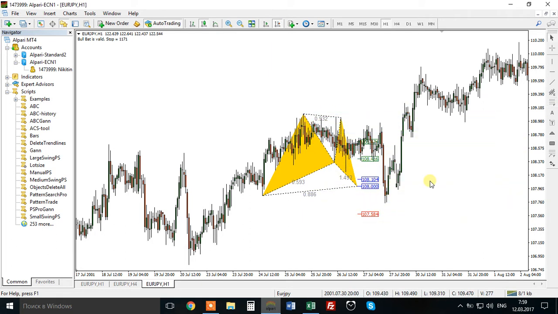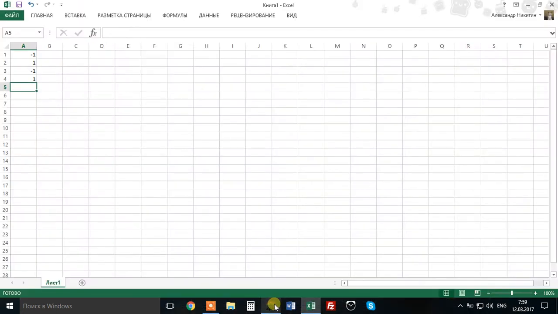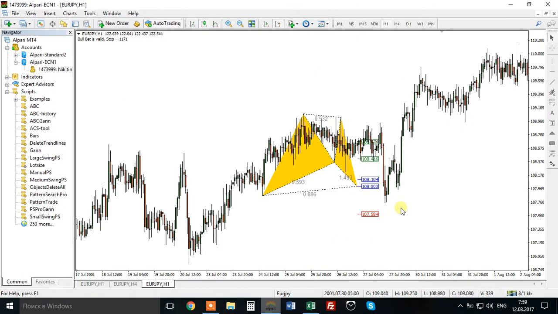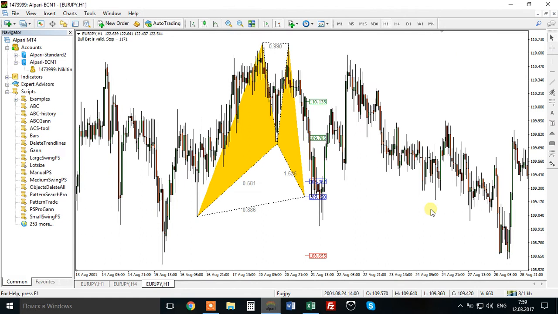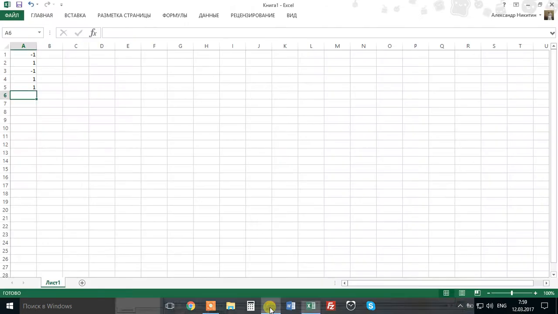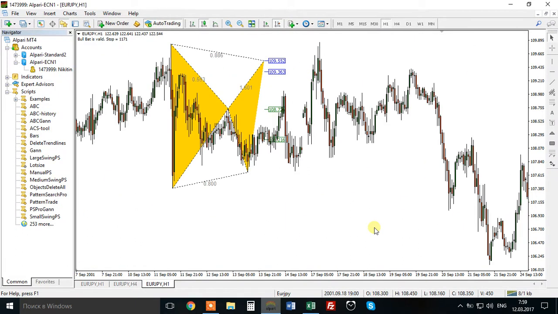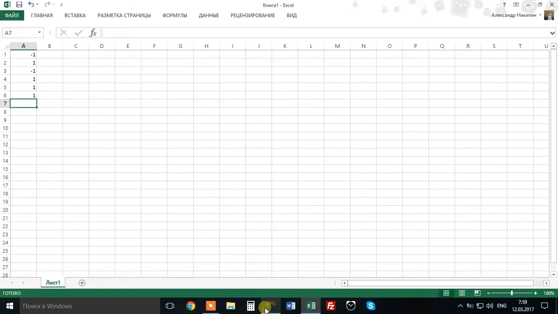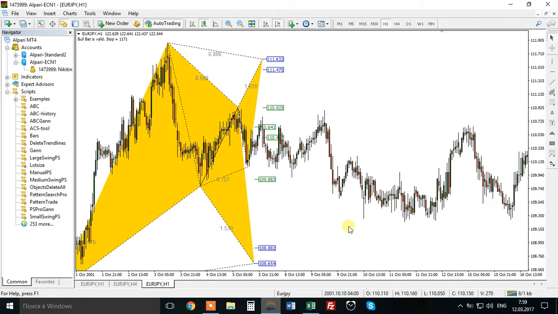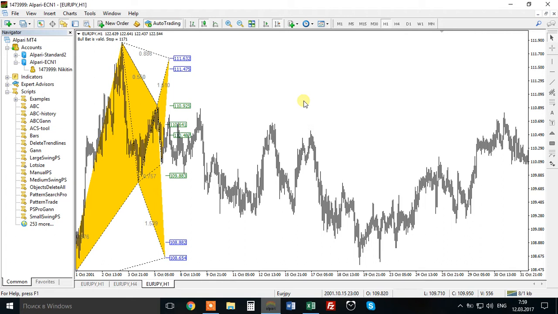A winner, obviously. No need to stretch something. Okay, a winner. Going next. Violated C? No. A winner. We had a reversal. Going next. What do we have here? Let me zoom it out.